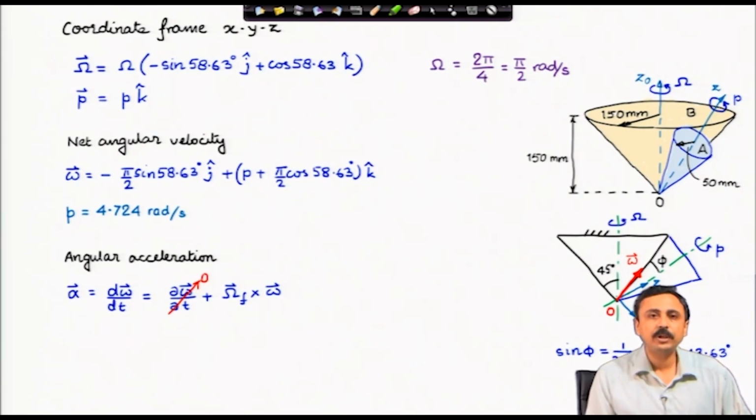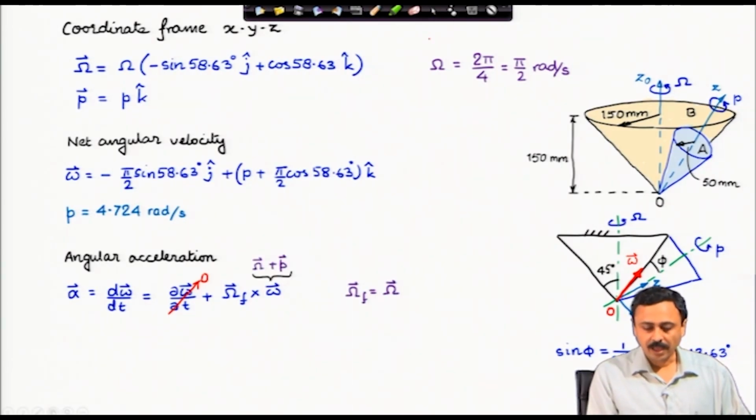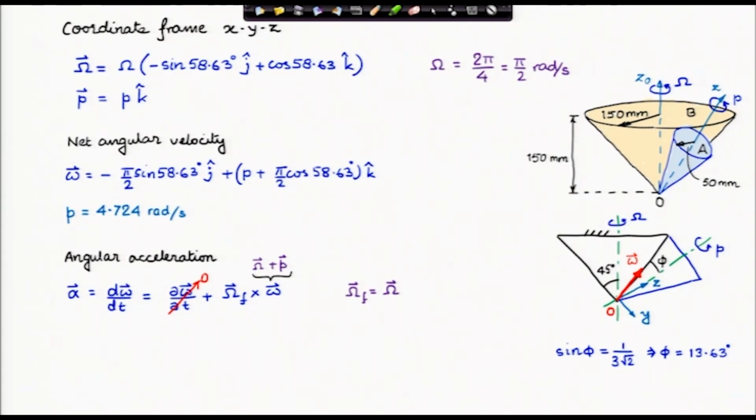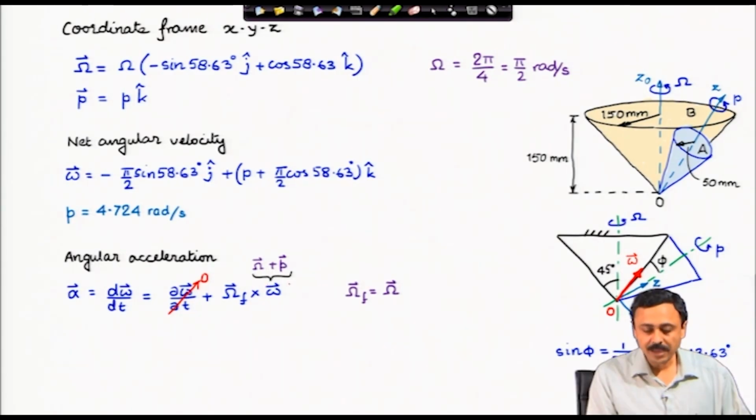and angular acceleration of cone A is nothing but the total time derivative of the angular velocity of cone A. There is a temporal time derivative, del t of omega, which is 0. All the coefficients of i cap, j cap, k cap are constants, and what remains is omega frame cross omega. Omega frame is nothing but capital omega, I have mentioned this, and the net angular velocity of the body, which is cone A, is omega plus p.